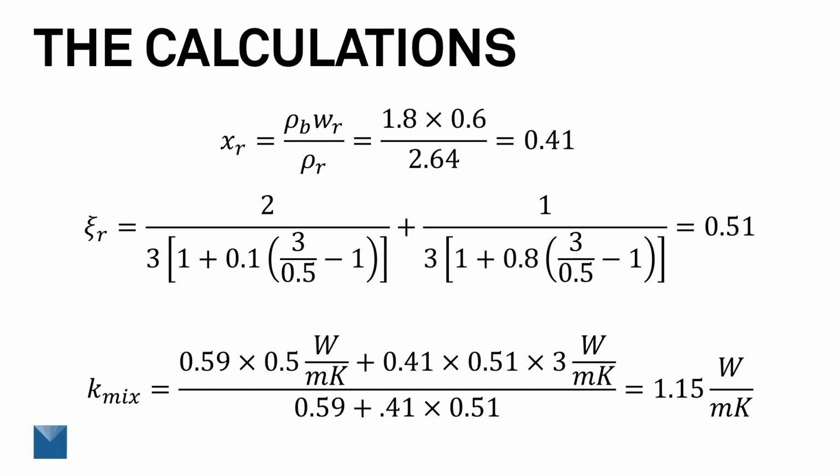We compute the weighting factor and we come out with the value of 0.51 for that. And then we compute the thermal conductivity of the mixture of soil and rock, and we come out with a value of 1.15 watts per meter Kelvin for that mixture.